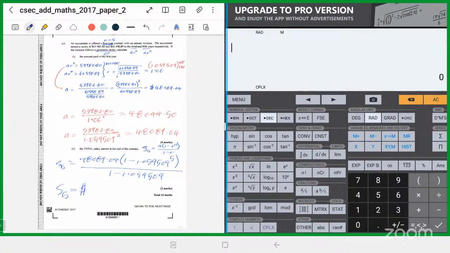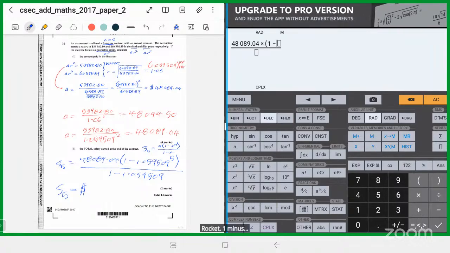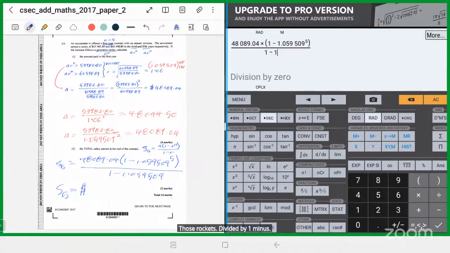So I'm going to put this in the calculator now. So it's a fraction: 48089.04 times bracket 1 minus 1.059509 raised to the power 5, close bracket, divided by 1 minus 1.059509.